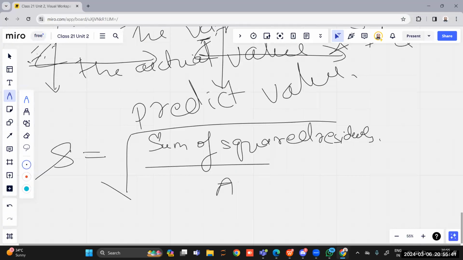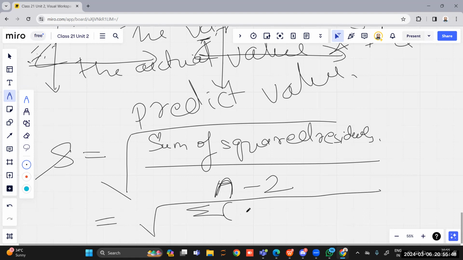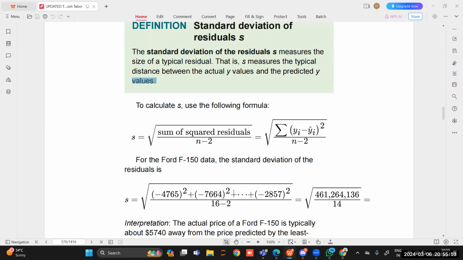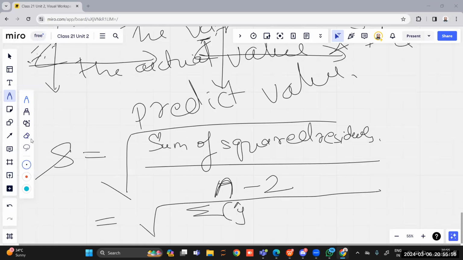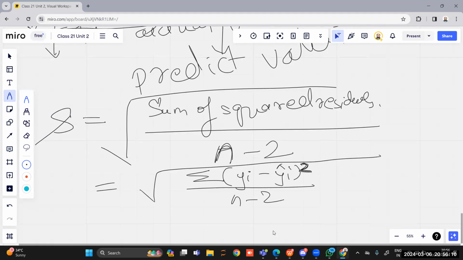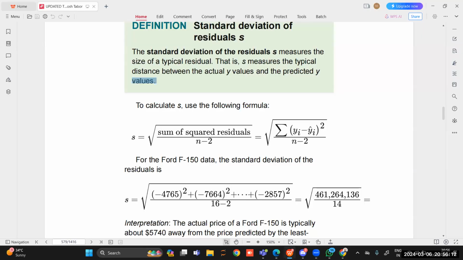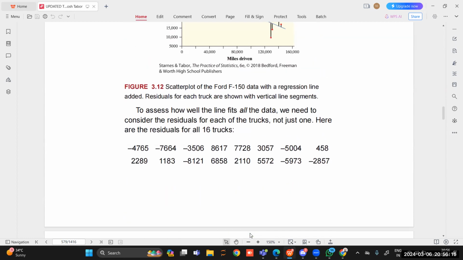Sum means summation. Y is the predicted Y, and first he is subtracting it from the actual one, so Y actual minus Y predicted. It's the sum of squared residuals, no? So squaring it and dividing by n minus 2. Did you get the formula? They can ask you in multiple choice questions.